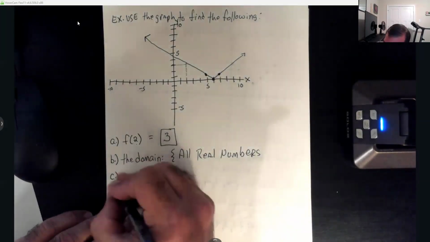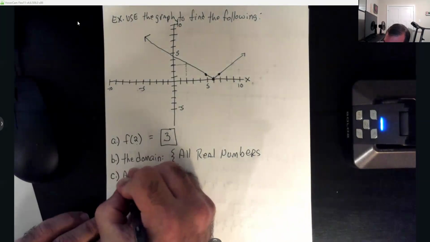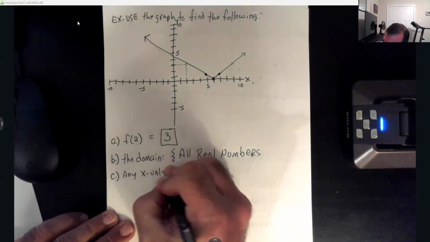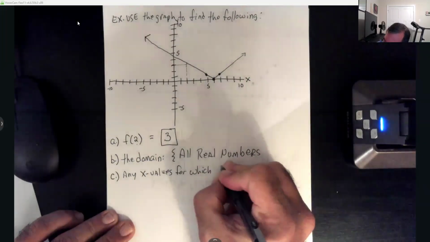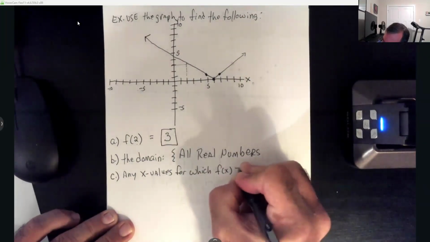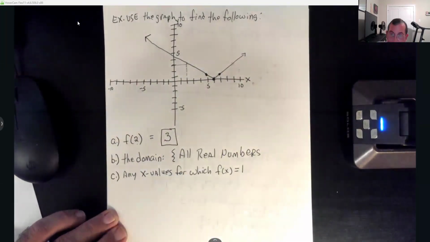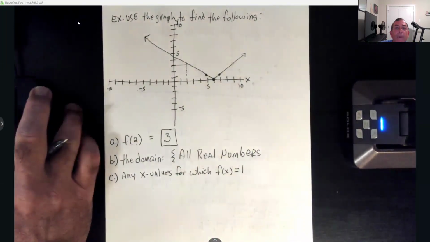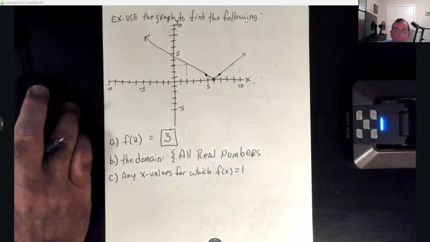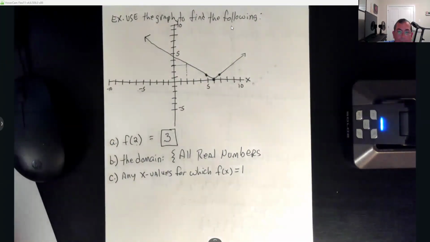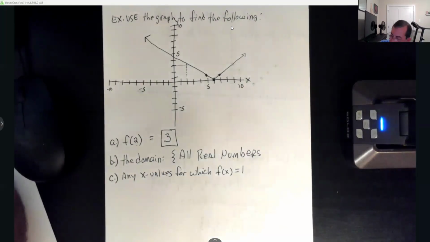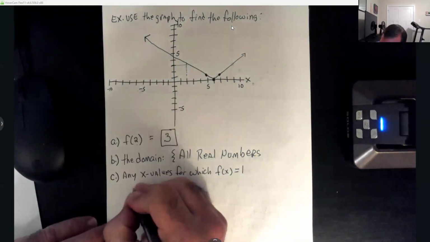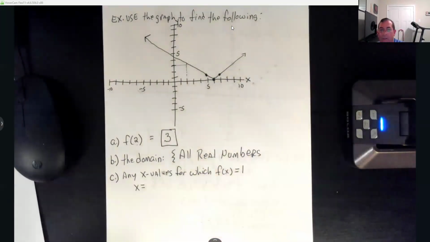All right, for C, any x values for which f of x equals 1. So that'll be x equals.